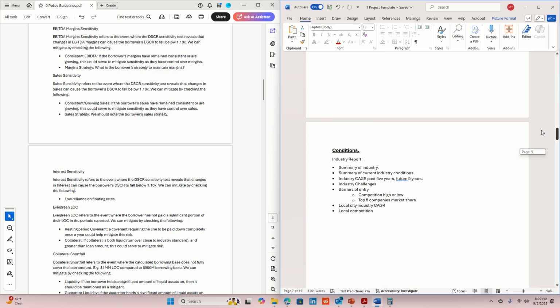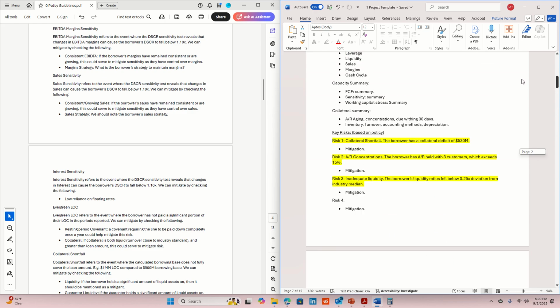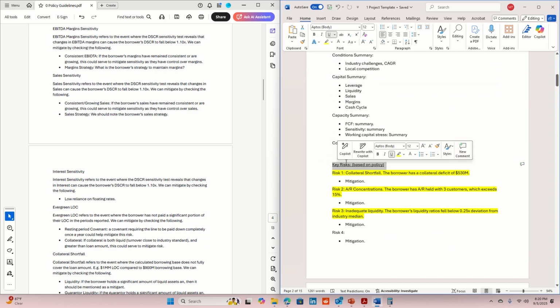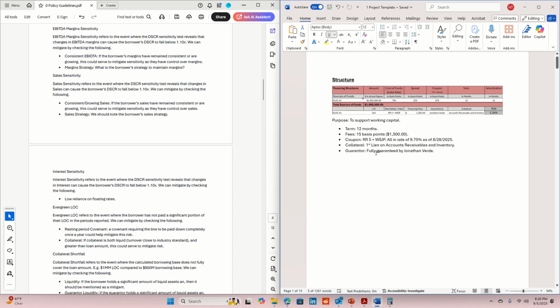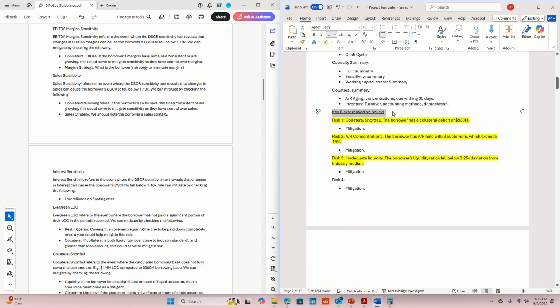And then we're going to have to go into the section titled Key Risks, which is the page after your structure page. You're going to go to Risk 1 or Risk 2 or whichever risk you have cited, and you're going to type inadequate liquidity. The borrower's liquidity ratios fell below 0.25 deviation from industry median, just like that.